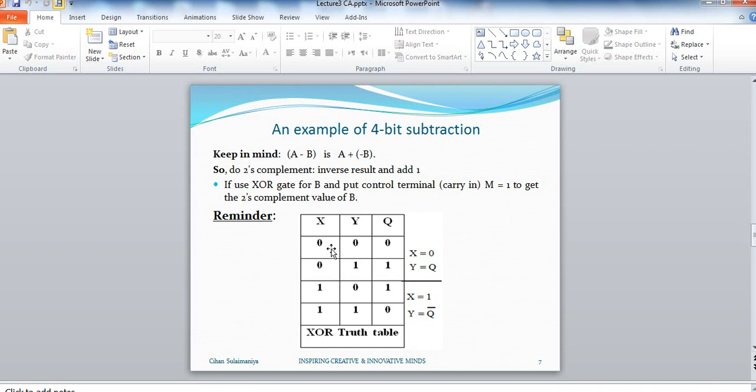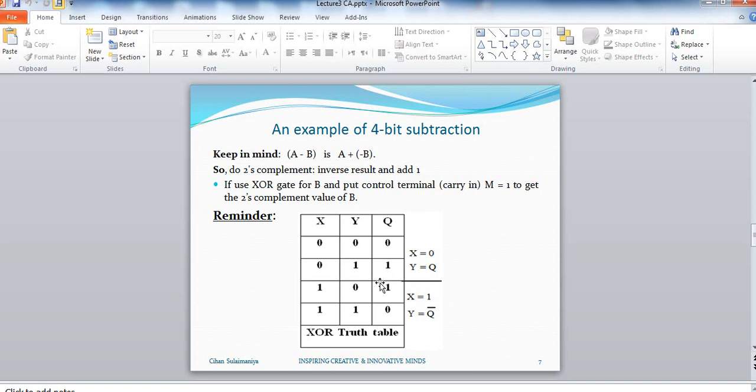For the XOR gate, if the two numbers are similar, 0 0 or 1 1, the result is 0. If the two numbers are different, if X is 0 and Y is 1, or X is 1 and Y is 0, the result is 1. You remember it from yesterday's lecture.